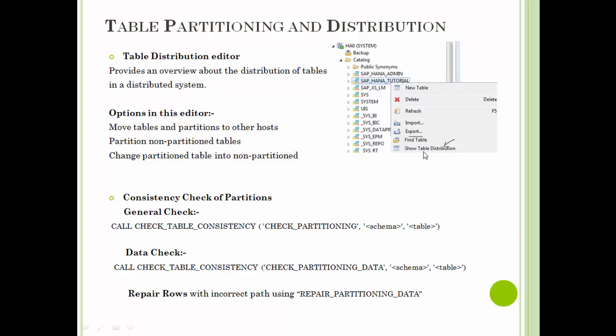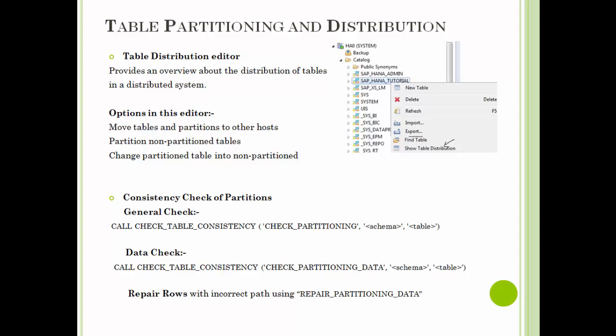Basically, to analyze performance issues, this editor can be used to understand how tables are distributed across multiple hosts present in the distributed system. It is also possible to know if a table is distributed to several partitions and on which host each of these partitions is stored. And existing partitions can be moved to different hosts also. So the movement of partitions can also be done.